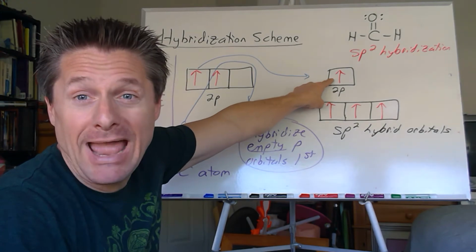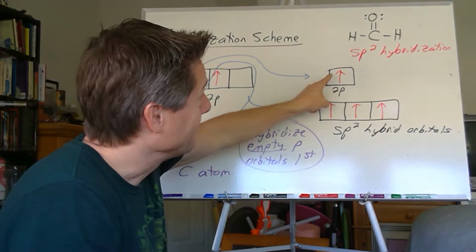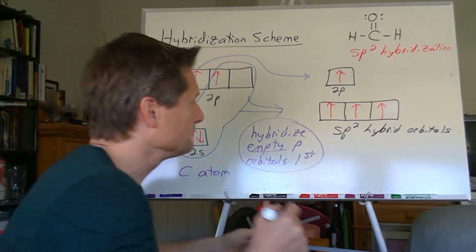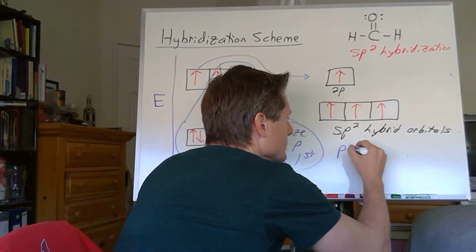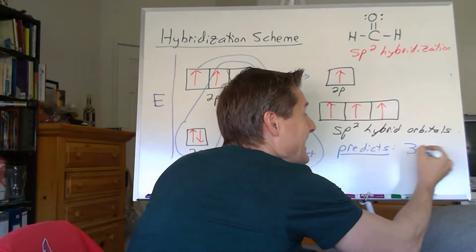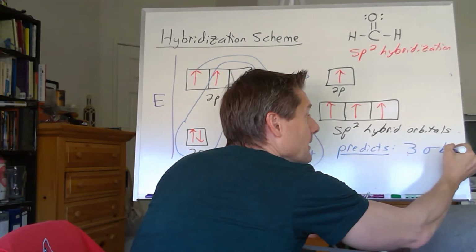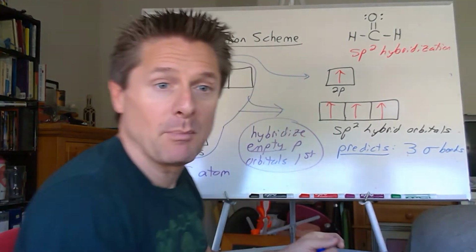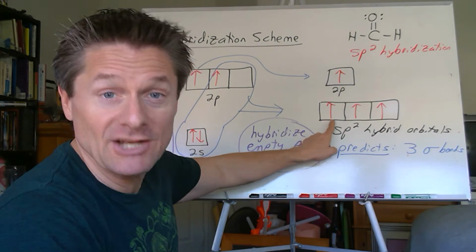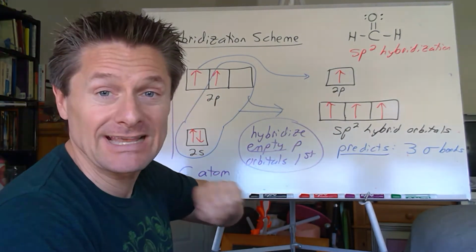That predicts a pi bond. Hey, that is the extra line right there. So this predicts three sigma bonds. 1, 2, 3 sigma bonds. So if you get a single electron in a hybrid orbital, that predicts a sigma bond.